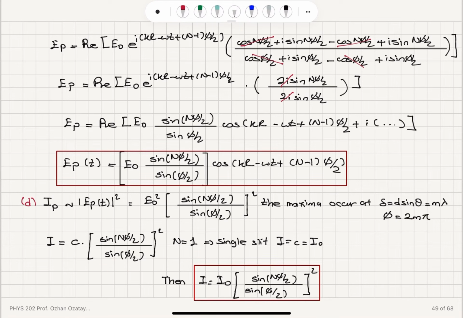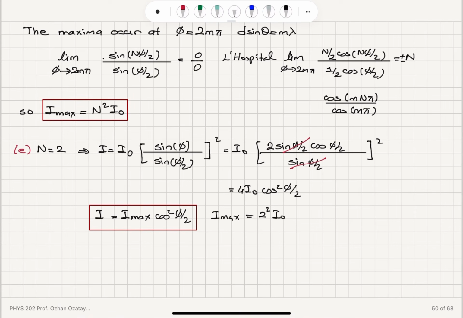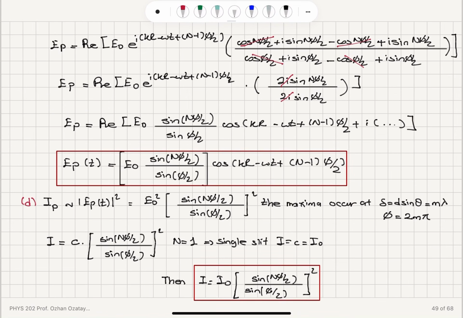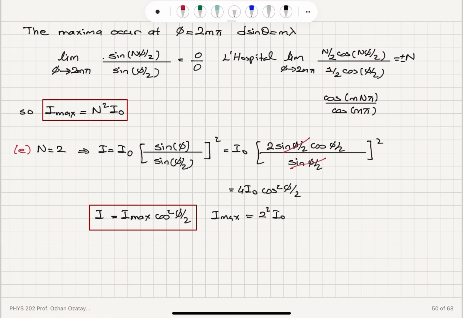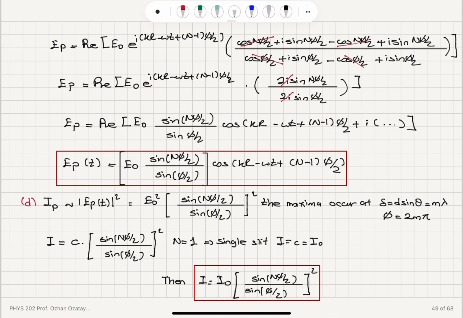So this gives me sin of 2mπ over 2 multiplied by N, m π N divided by sin mπ. But we have shown that as we go to this limit, as φ goes to 2mπ, sin(Nφ/2) over sin(φ/2), 0 over 0, is actually going to be either plus N or minus N. So that's going to be the maximum.